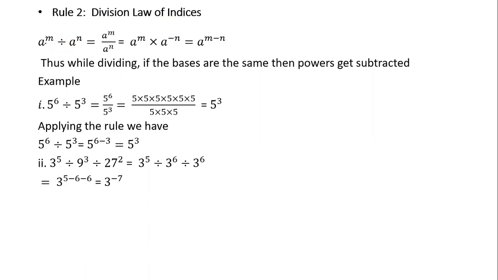So here we take one of the bases and subtract the powers. So a power m divided by a power n can also be expressed as a power m over a power n.